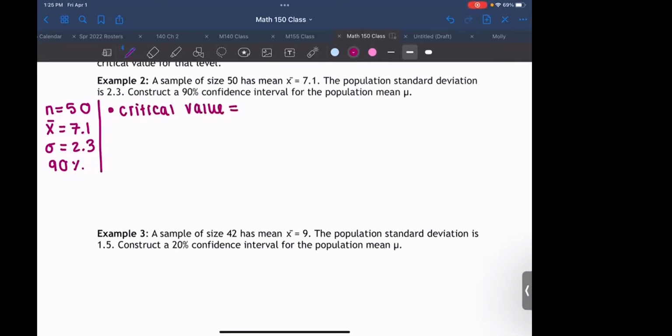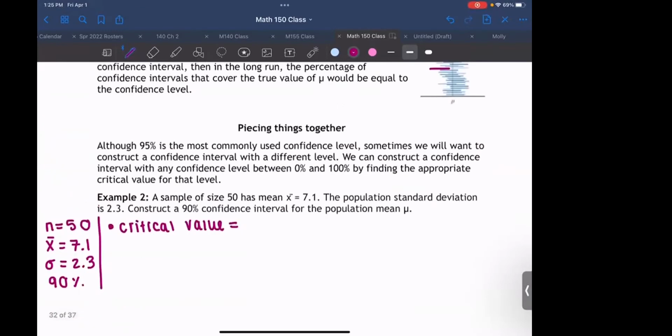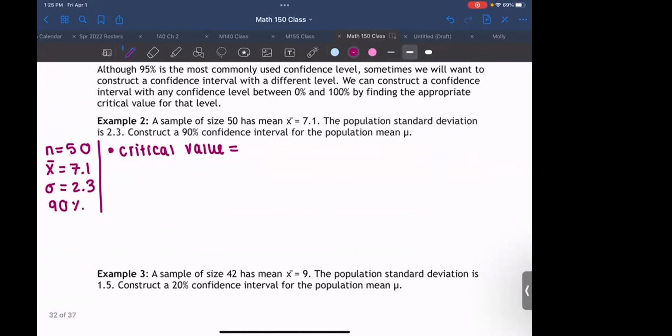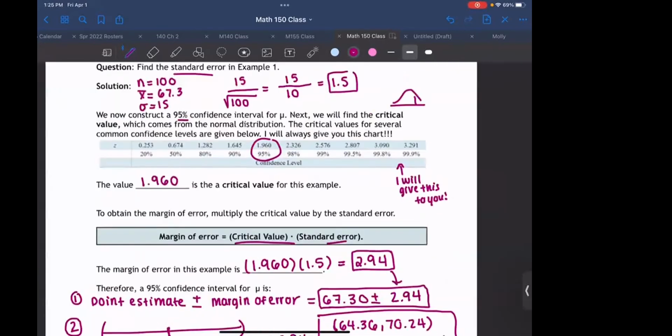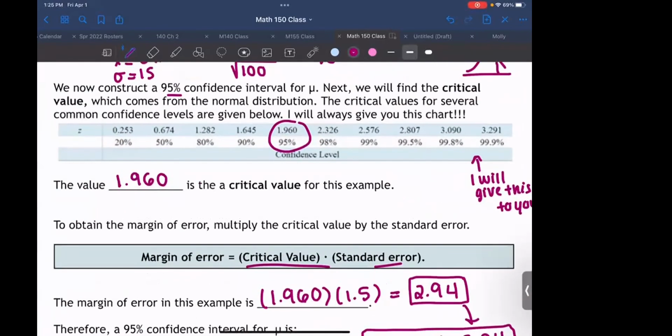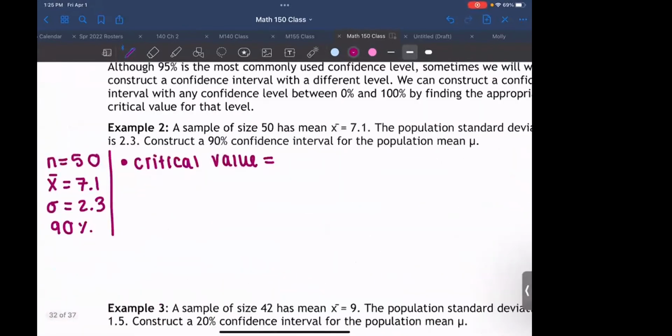Does anyone remember how to find the critical value? Yeah, and it would be 1.6. Awesome. So you would go back to that chart on the last page, and since it's a 90% confidence interval, well, 1.645. Nice job. So we found this using the chart.